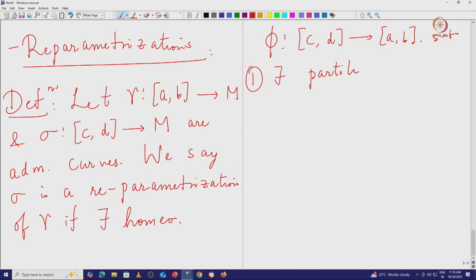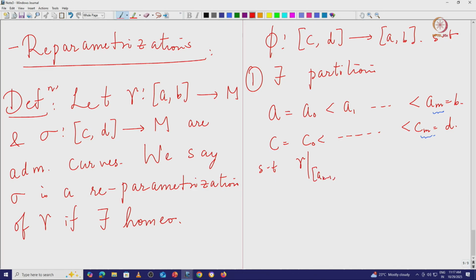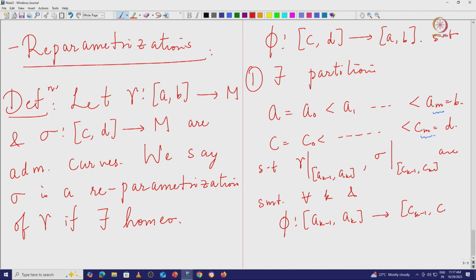There exist partitions A equal to A0 less than A1 and so on up to Am, and C0 and so on up to Cm, which is a partition of C to D. By choosing possibly refinements of these partitions, I can always assume that the number of parts is the same in both partitions, such that gamma restricted to A(k-1) and Ak and sigma restricted to C(k-1) to Ck are smooth for all k, and phi from A(k-1) to Ak to the interval C(k-1) to Ck is a diffeo.